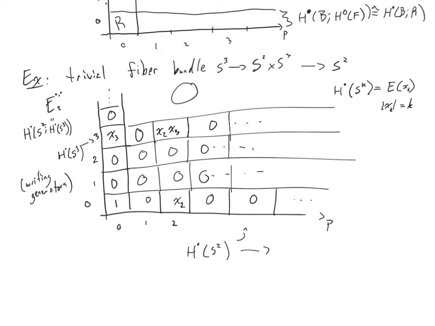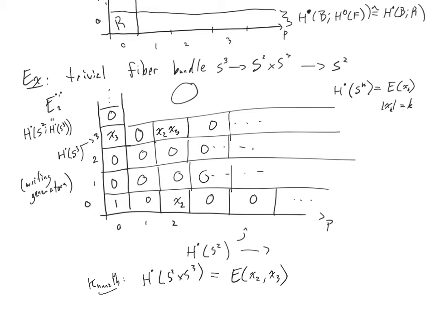So you end up with this kind of small picture. And from Künneth, we know that the cohomology ring of S^2 cross S^3 is going to be an exterior algebra on x_2 and x_3.